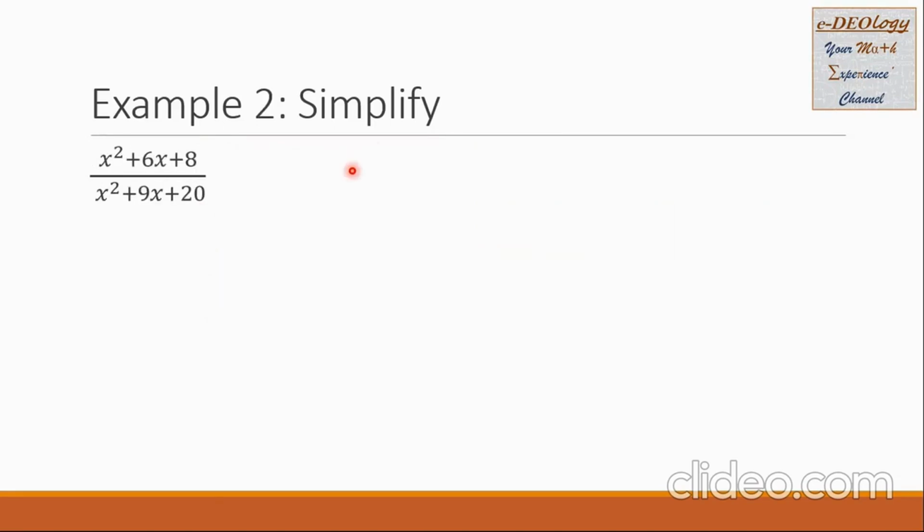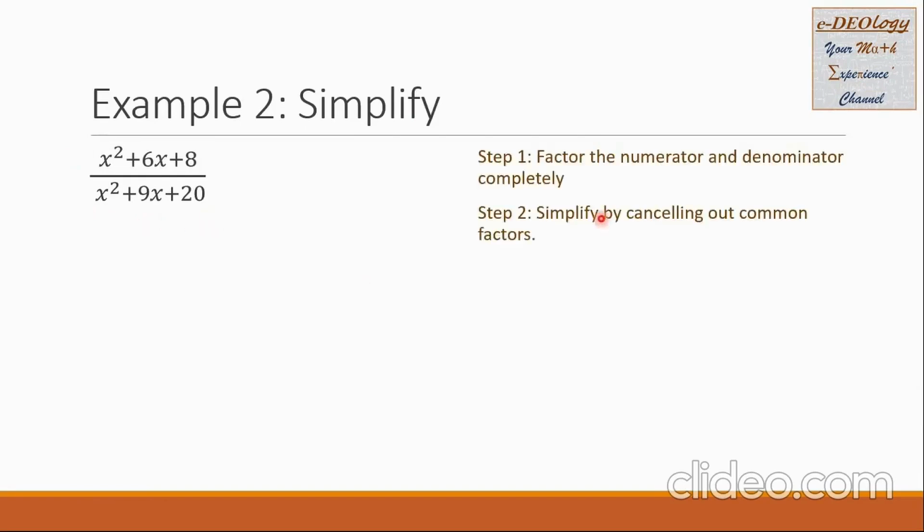Let us have example 2. Simplify the rational expression. The numerator is x squared plus 6x plus 8, all over the denominator, x squared plus 9x plus 20. I wrote the steps on this side. Let us now do the step 1. Factor the numerator and denominator completely. The numerator becomes x plus 2 times x plus 4.